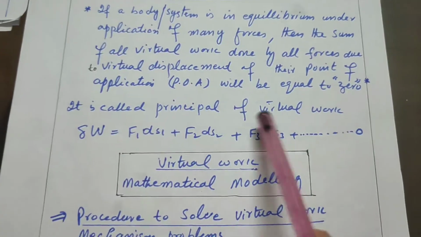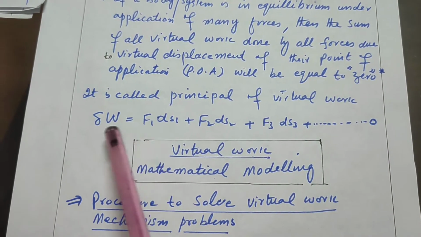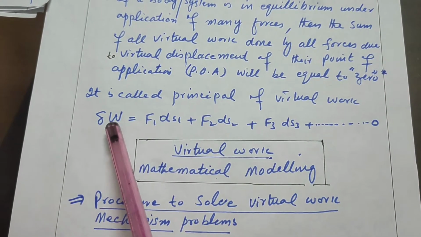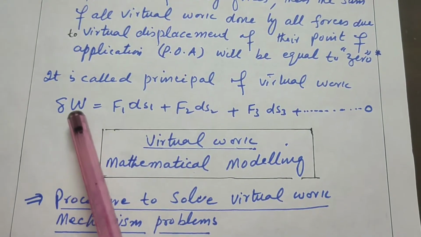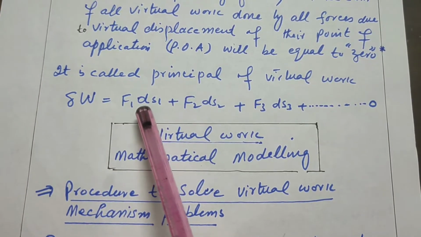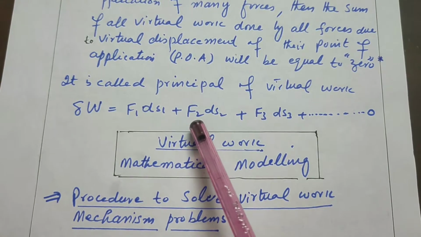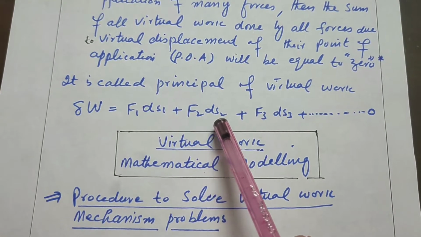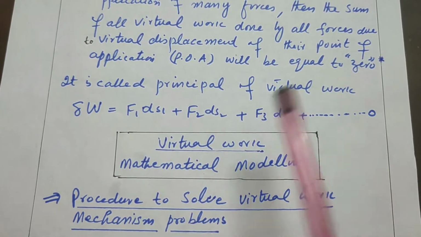This is called the principle of virtual work. Mathematically, it can be written as del W, that is virtual work, equal to force F1 into small virtual displacement ds1, plus force F2 into displacement ds2, plus F3 into displacement ds3, equal to 0.